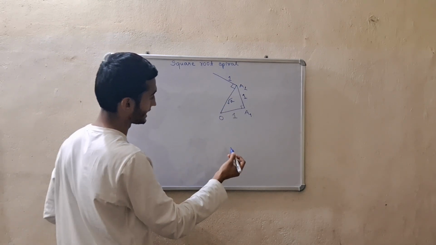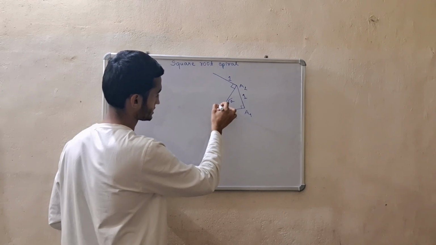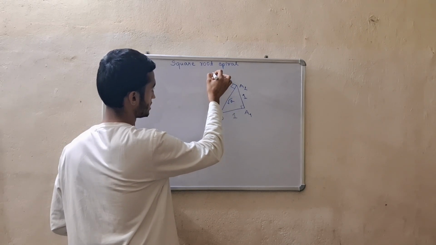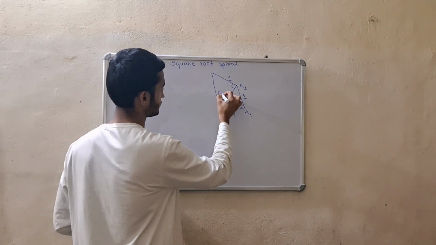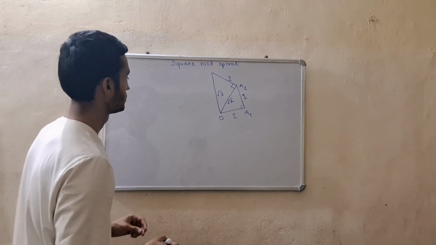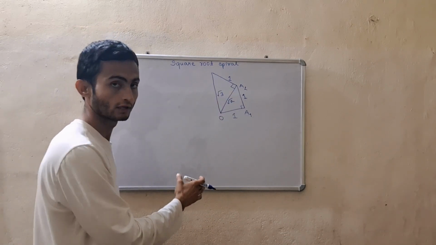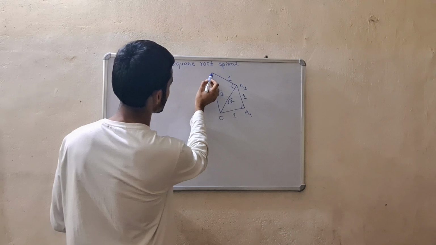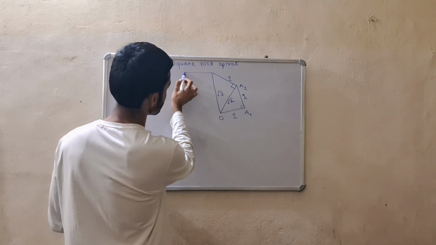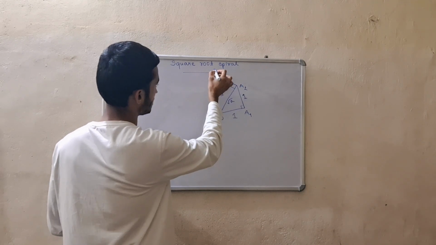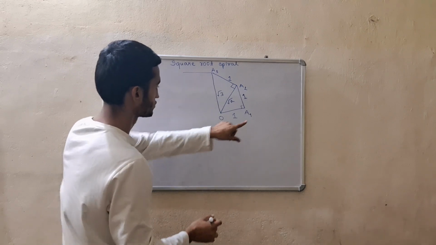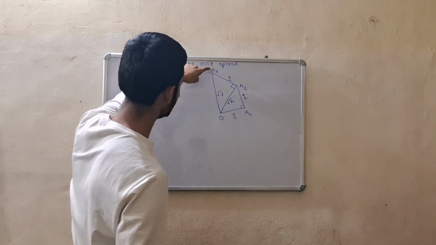So what we will get is this hypotenuse, which measures square root of 3. So again, in this manner, we will draw a line segment perpendicular to it, let's call it A3. So this was A1, A2, A3.